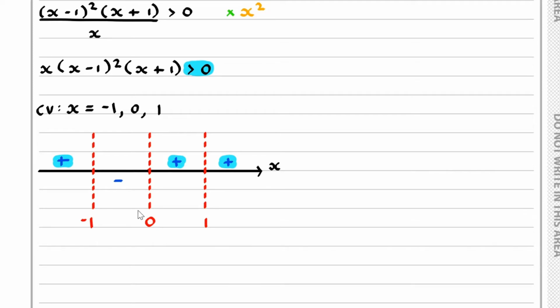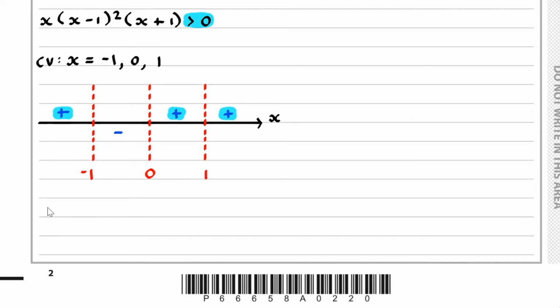And so if we were to write down our solution in set notation, we have x belonging to a set of real numbers. X is less than minus 1, or x is in between 0 and 1, or x is greater than 1. Here is the solution to the original inequality.